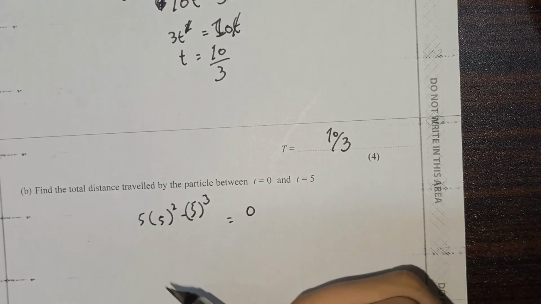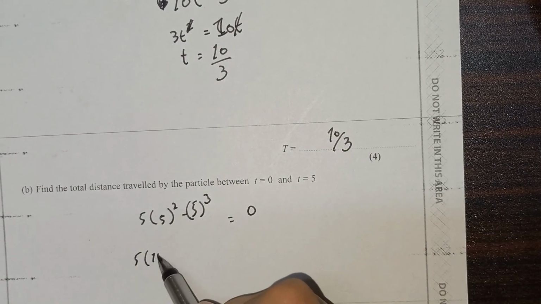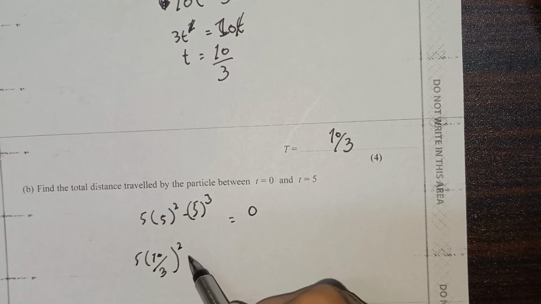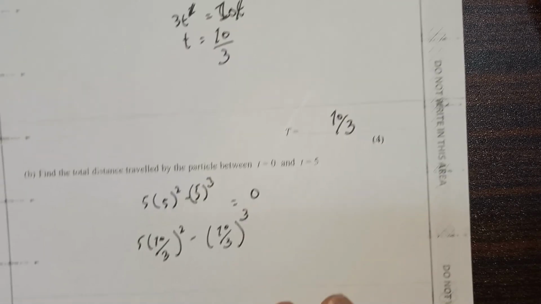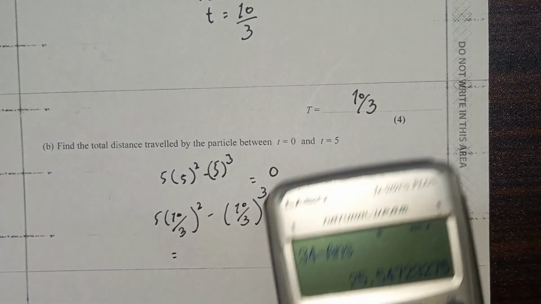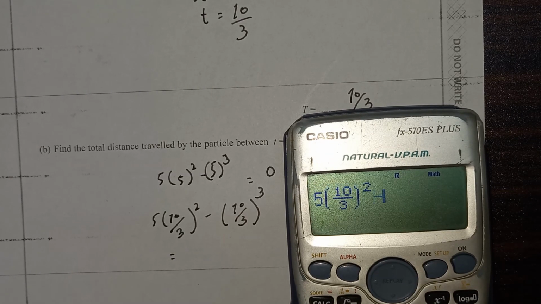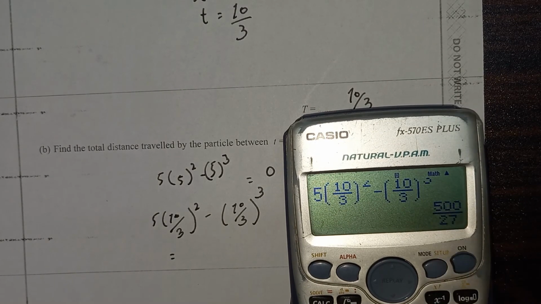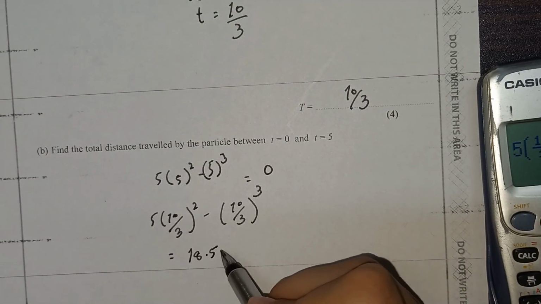Now all we need to do is substitute 10 over 3 in s, which gives us 10 over 3 square minus 10 over 3 whole cubed. And now we will simply type this in our calculator as well. And it gives us 18.52.